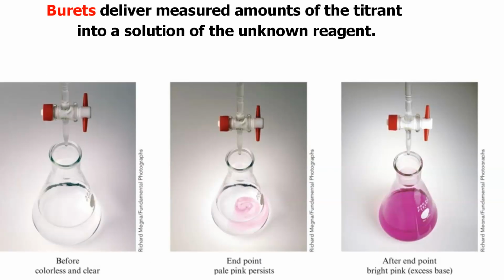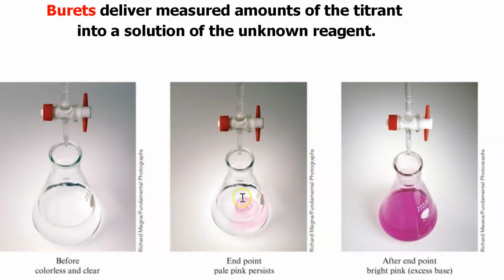A burette is this device. It allows you to measure the amount of solution that you've added to the flask. So if we start out with just acidic solution in the flask, and we add phenolphthalein, the phenolphthalein turns clear. Then we begin adding base using the burette.